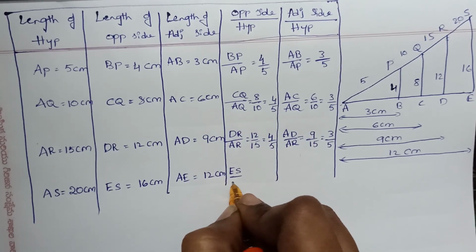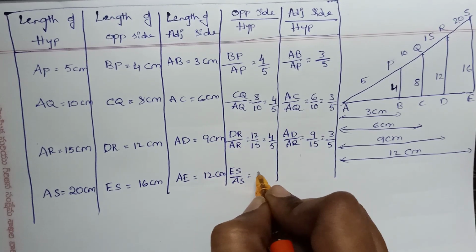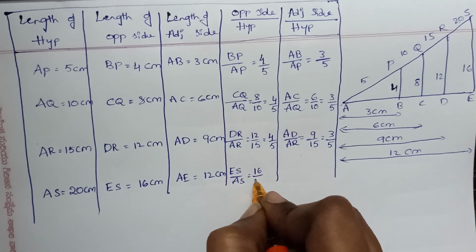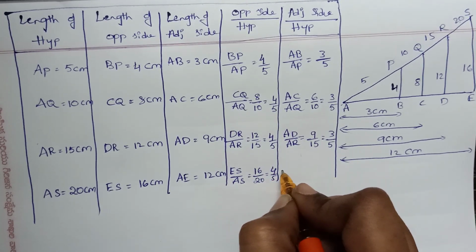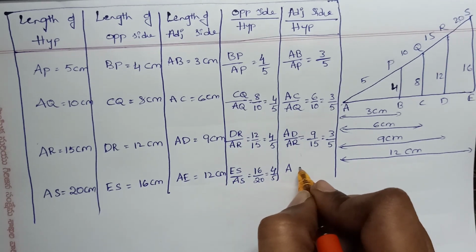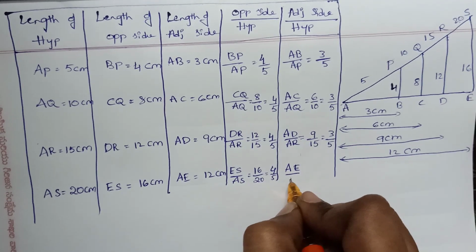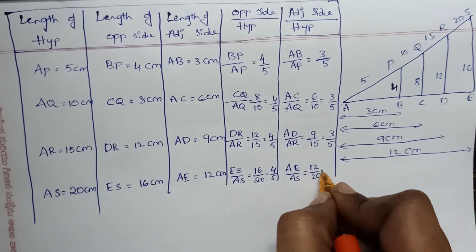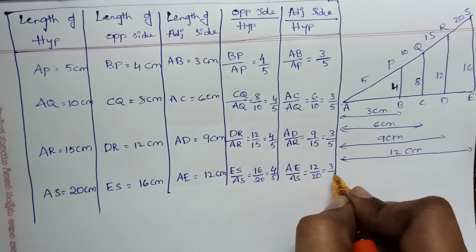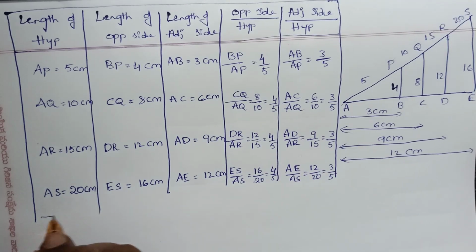ES by AS, that is equal to 16 by 20, that is equal to 4 by 5, and AE by AS, that is equal to 12 by 20, that is equal to 3 by 5.